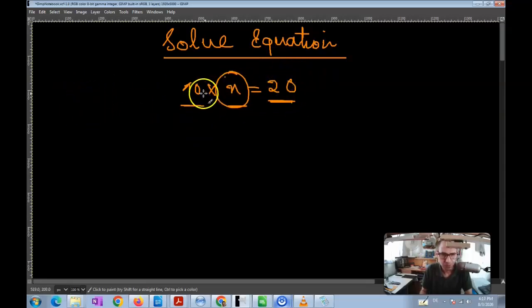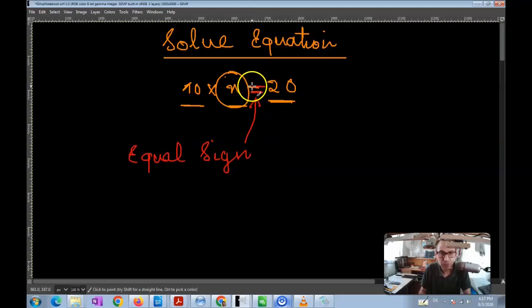It's called an equation because you're equating two things. Equating means that you have an equal sign, which is this sign over here.